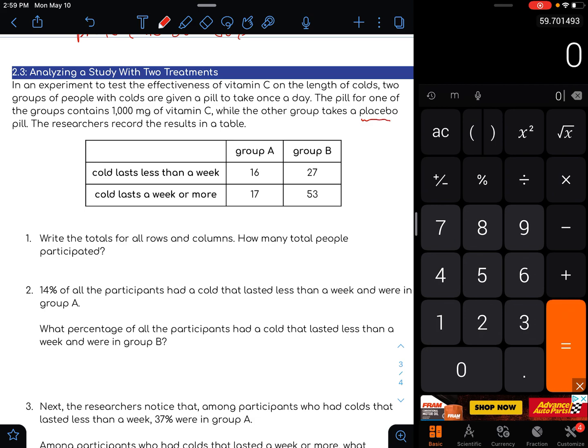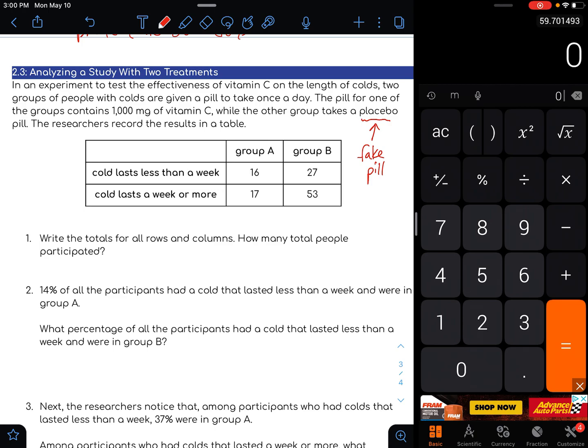So remember, the word placebo, if you're not familiar with it, is essentially a fake pill that doesn't have any drugs or anything in it, and it's used in experiments to see if the group that takes the fake pill is much different than the group that takes the actual pill. Sometimes when people think that they're taking medicine or a supplement, their mind overcomes some of their body's feelings, and that's the power of the mind thing.